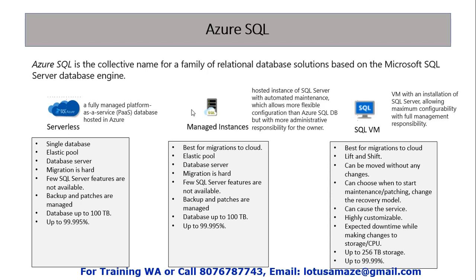Since some features are missing here, we cannot replicate, or maybe we cannot migrate the entire SQL database. Some features or objects we cannot transfer, so we face some problems in this case. Backup and patches are managed. A database up to 100 terabytes is supported, and up to 99.995% availability is there.